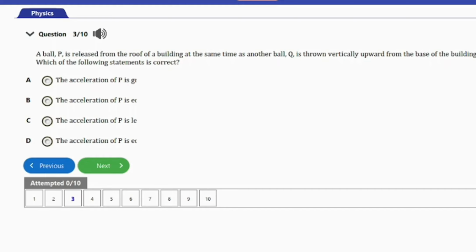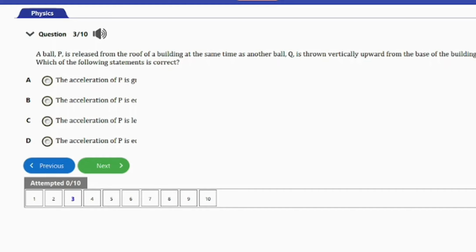B, the acceleration of P is equal to that of Q and are in opposite directions. C, the acceleration of P is less than that of Q and both are in the same direction. D, the acceleration of P is equal to that of Q and both are in the same direction.